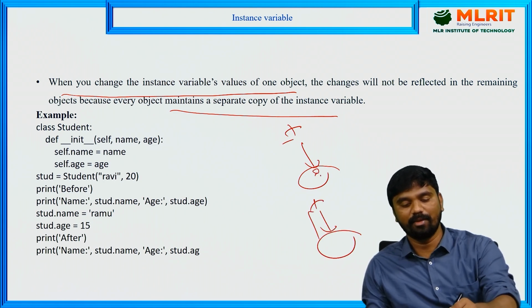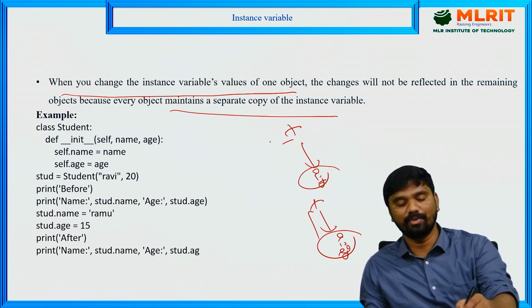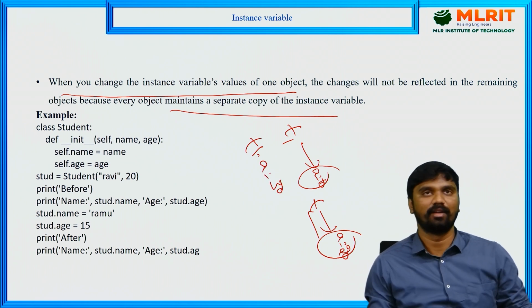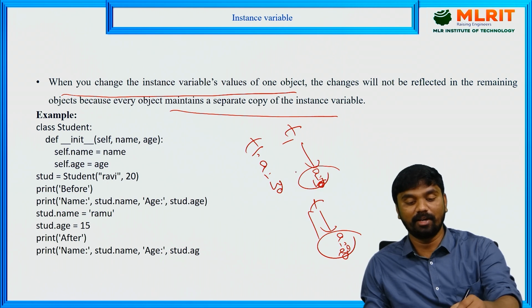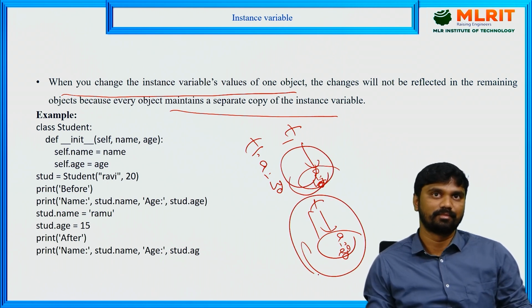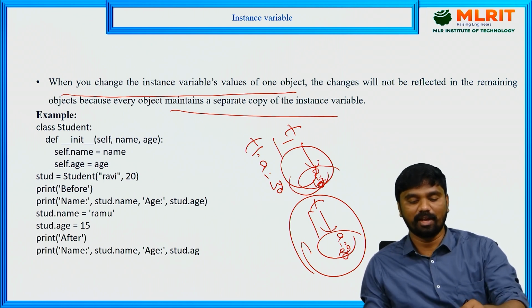Here the variable a equals 10 and here the variable a equals 20. If I change the value of the variable a by using the t1 object, that value will be updated only in the t1 object, not in the t2 object.